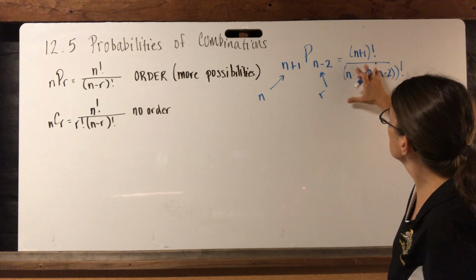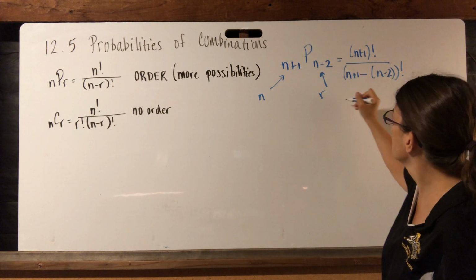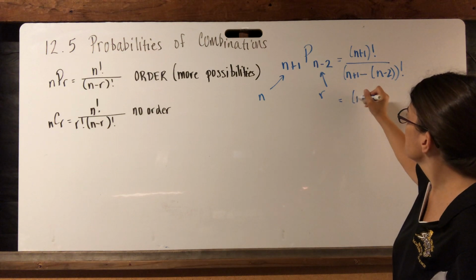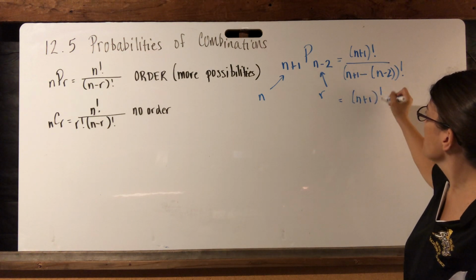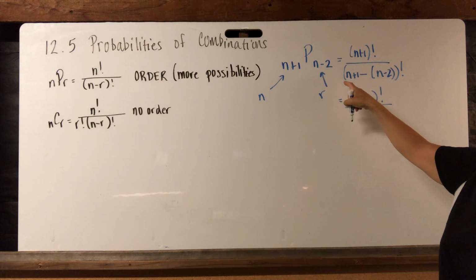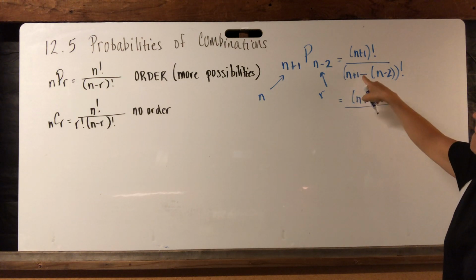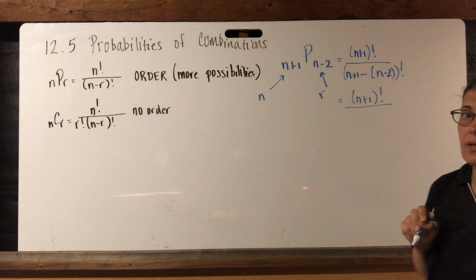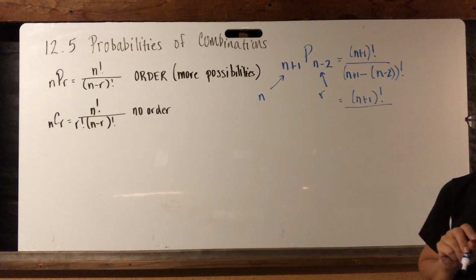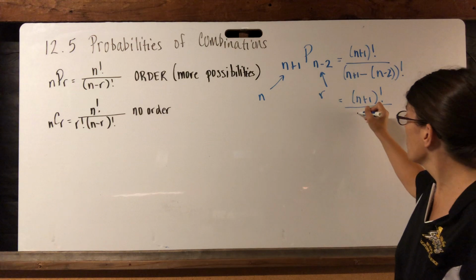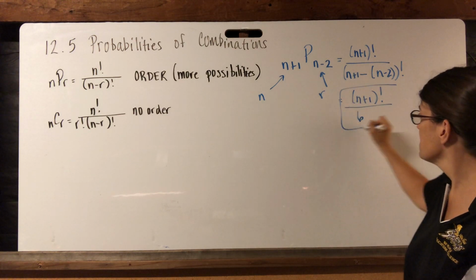That says plus 1. So this is N plus 1 factorial over N minus N, which is 0, 1 minus negative 2, 1 minus negative 2, which is 3. Factorial is 6.